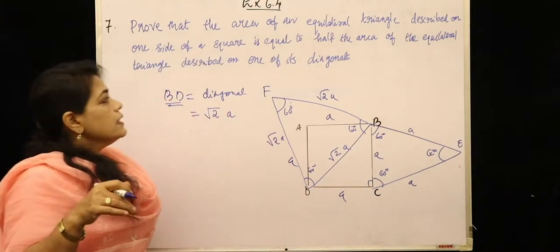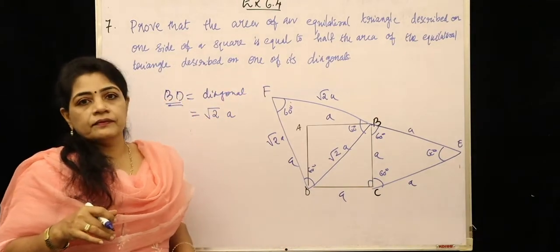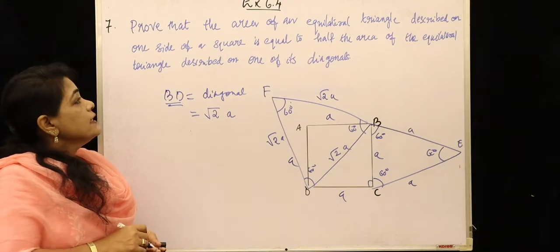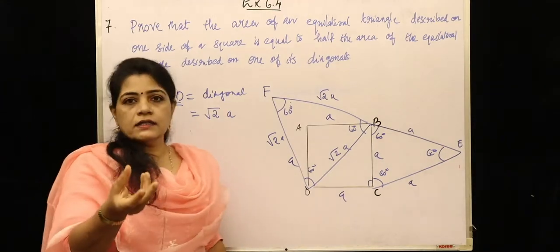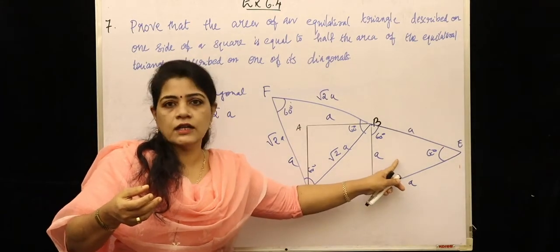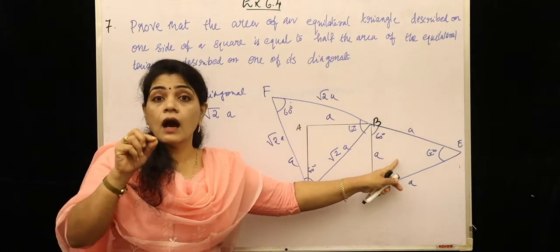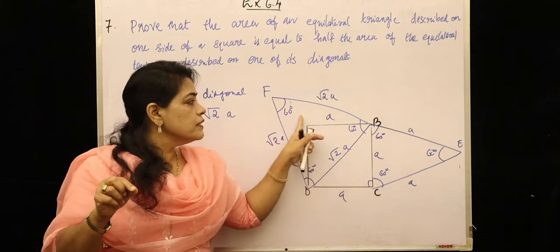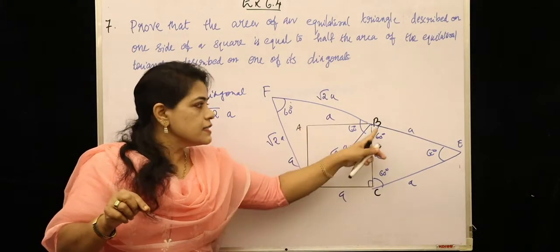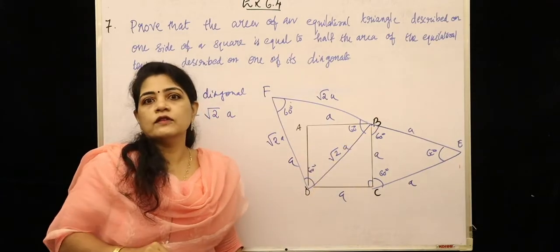Yes, then what do we have to prove, children? We have to show that the area of an equilateral triangle described on one side of a square is half the area of the equilateral triangle described on one of the diagonals of the square.